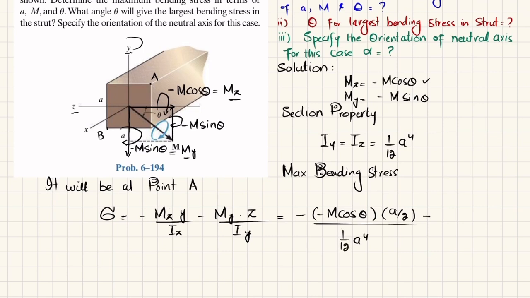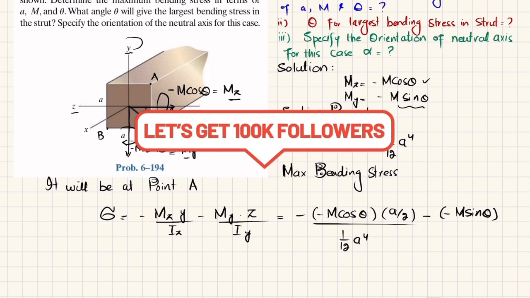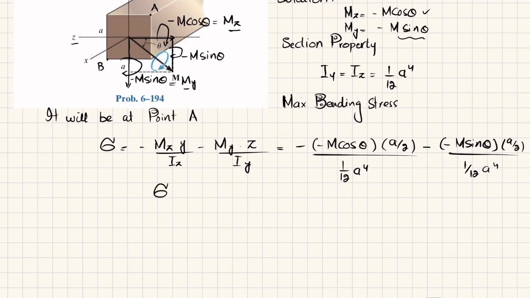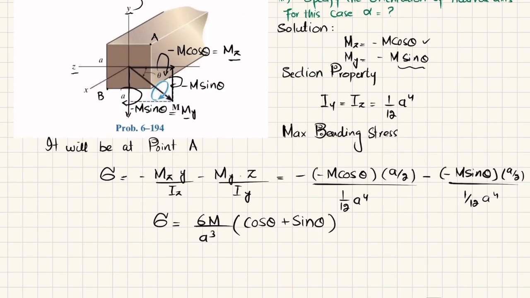Minus the moment about y, which is minus M sine theta, into this distance, which is also again a by 2 from this y axis, divided by 1 over 12 a power 4. When you solve this, you will get sigma is equal to 6M over a cubed into cos of theta plus sine of theta, which is the maximum bending stress in terms of a, M, and theta. So this is the answer of our first part.